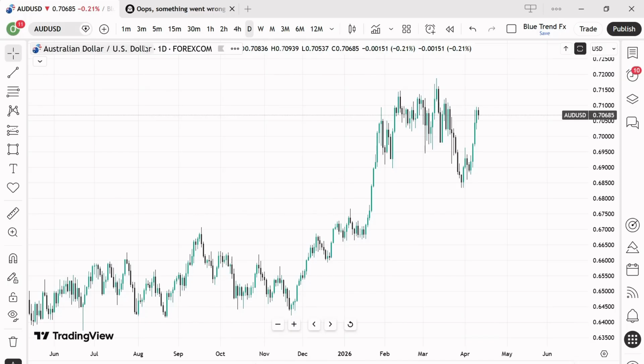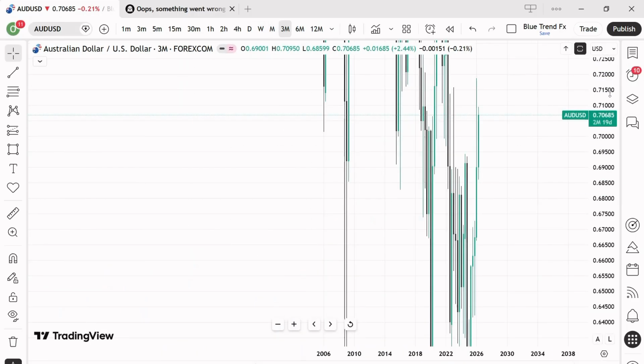So looking at XAU USD, we are actually bullish. However, price has actually tapped onto a supply zone on monthly.